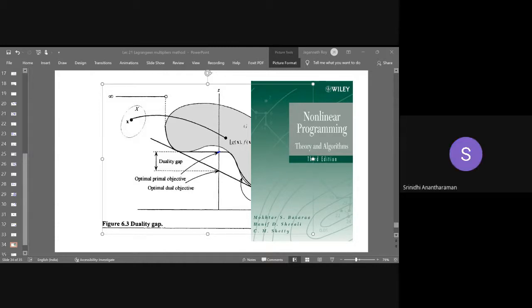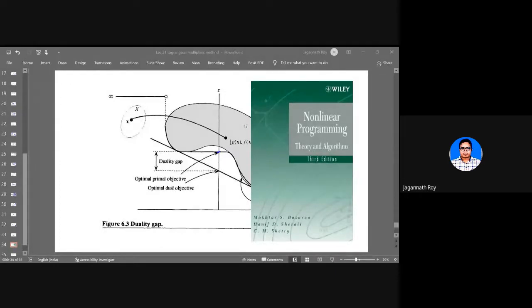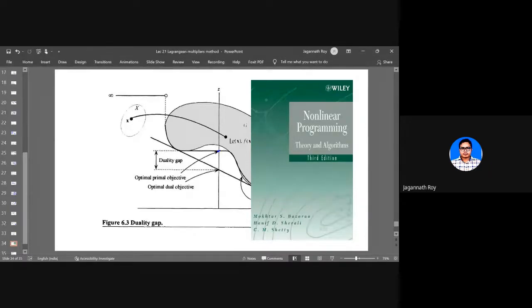Do you by any chance have a soft copy of this for online study? Yes, I have soft copies. In fact, for our syllabus, it is not important, but if you are more interested, you can go through this. That's my intention in telling you.